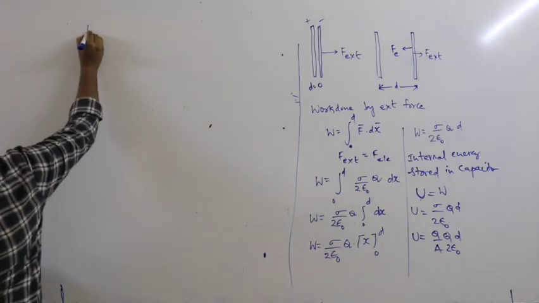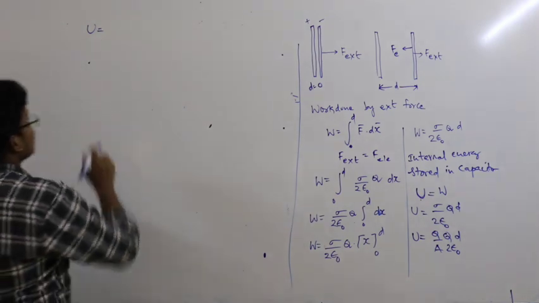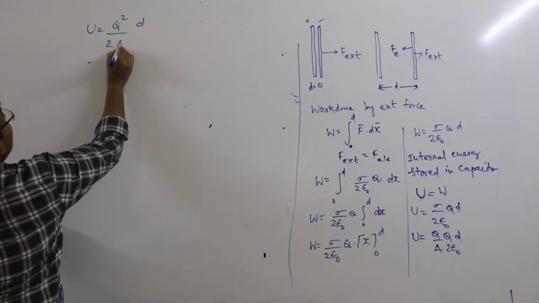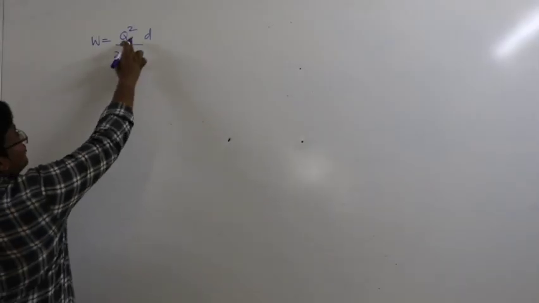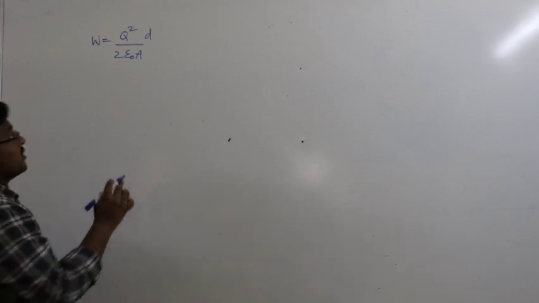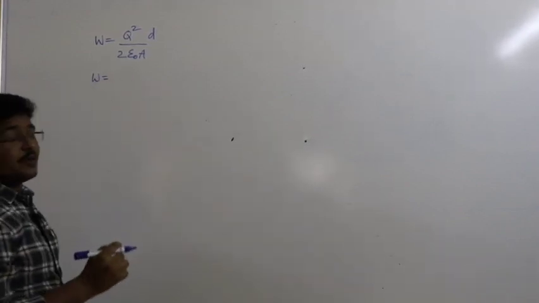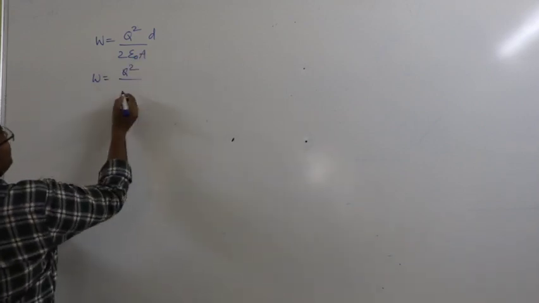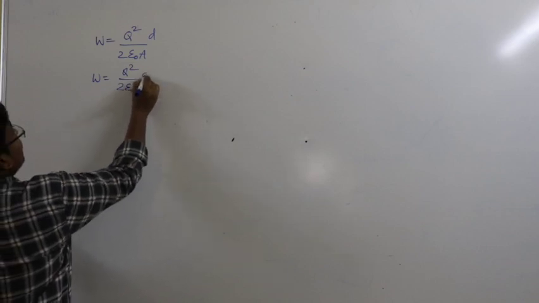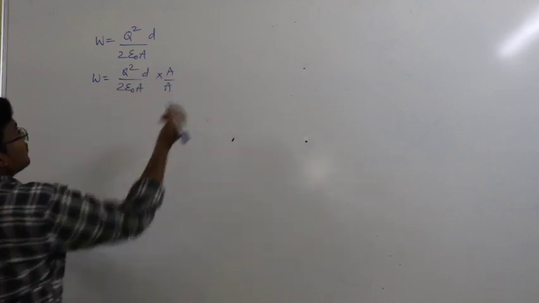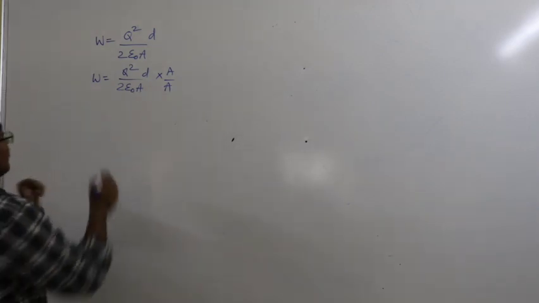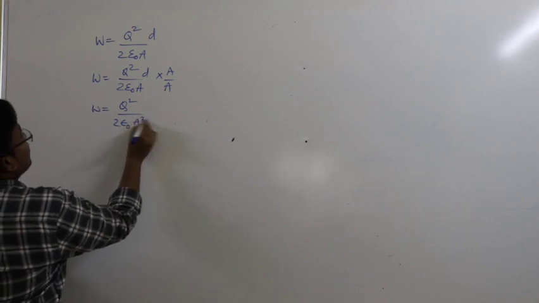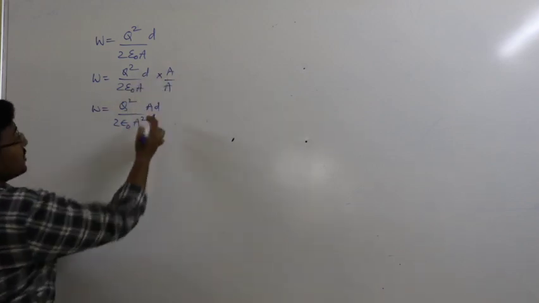So U is equal to Q square into d by 2A epsilon naught. Here the work done is equal to Q square by 2 epsilon naught A into d. I will multiply both sides by A. So Q square by 2 epsilon naught A into d, multiplying with A, it will be A square, so that W is equal to Q square by 2 epsilon naught A square into A d.